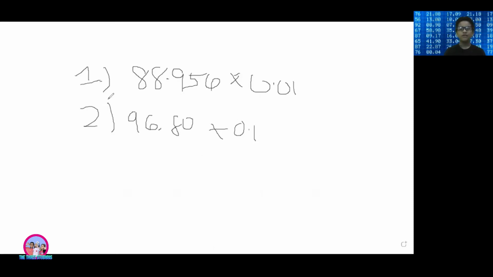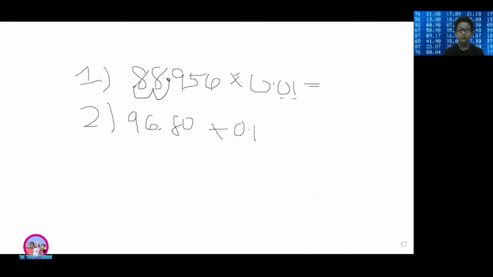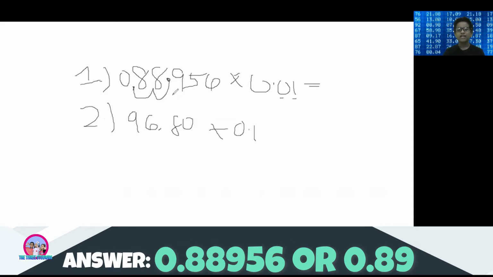Let us go on our first example. Since there are two decimal places here, 1, 2, we will move this decimal point to the left. 1, 2. The answer is 0.88956.